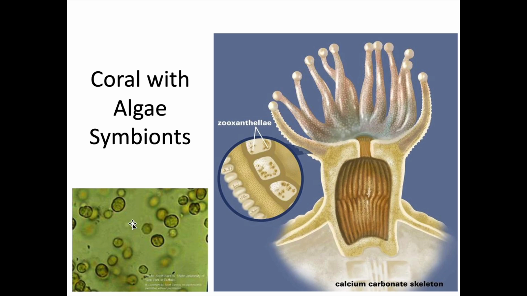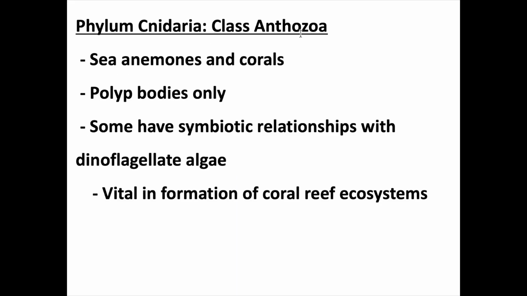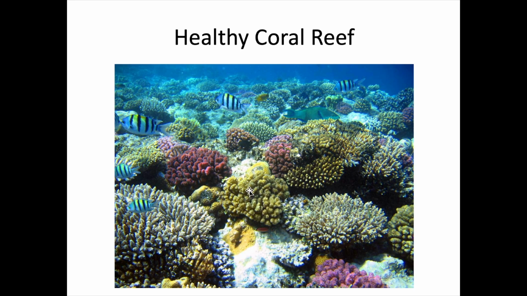Remember this slide when we were talking about protists and dinoflagellates? The dinoflagellates are the photosynthetic half to this team, and the coral is the animal half of this. So yeah, some of these anthozoans are part of this coral reef ecosystem, which is vital in the formation of these coral reefs, the actual coral itself.